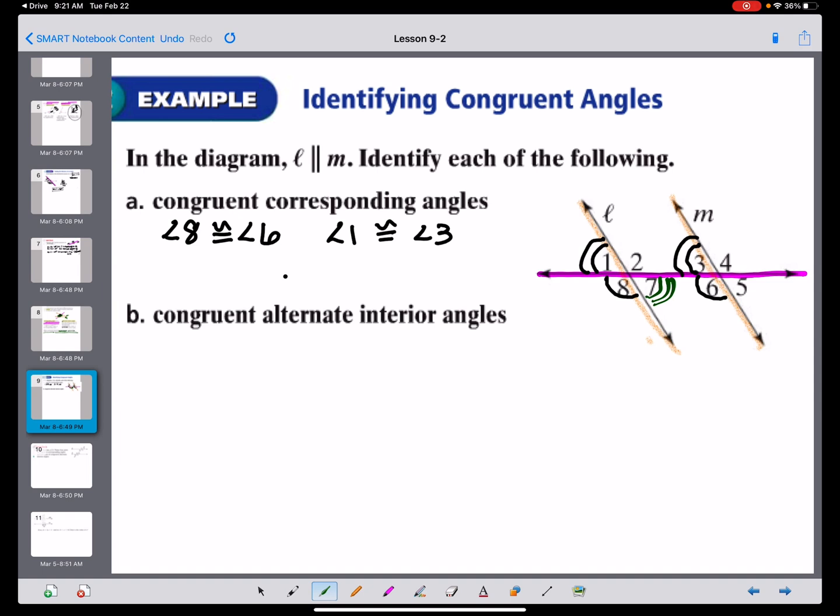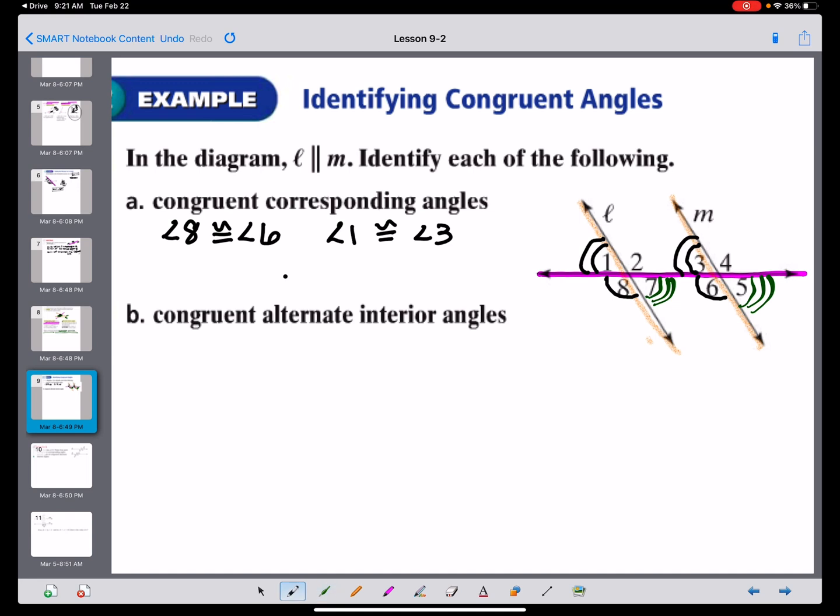Angle 7 is below the purple transversal and to the right of my orange line. Angle 5 also meets those criteria of being below the transversal and to the right of its line. So they are corresponding angles because they are in the same location.